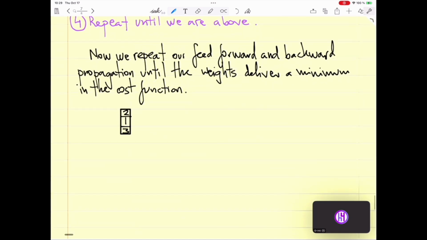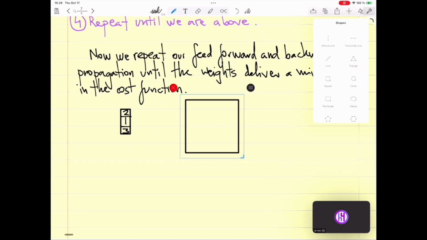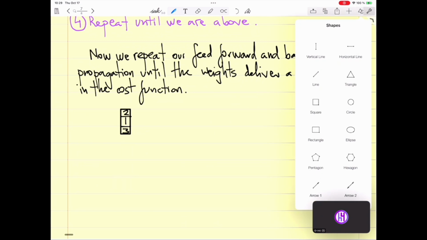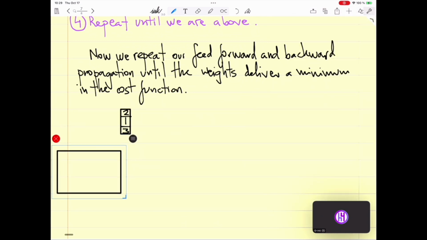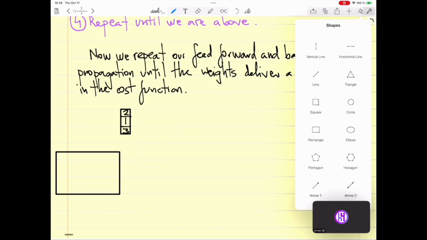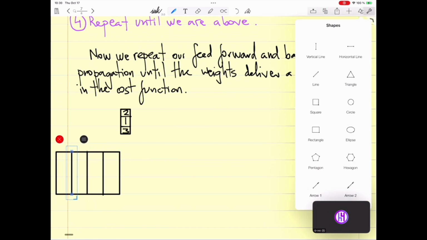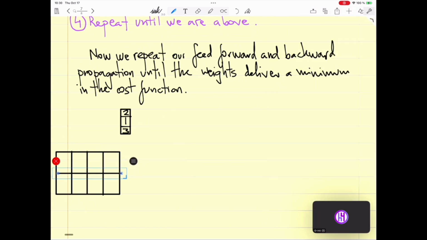And now our new bias and weight matrix would be something updated, just as we calculated.